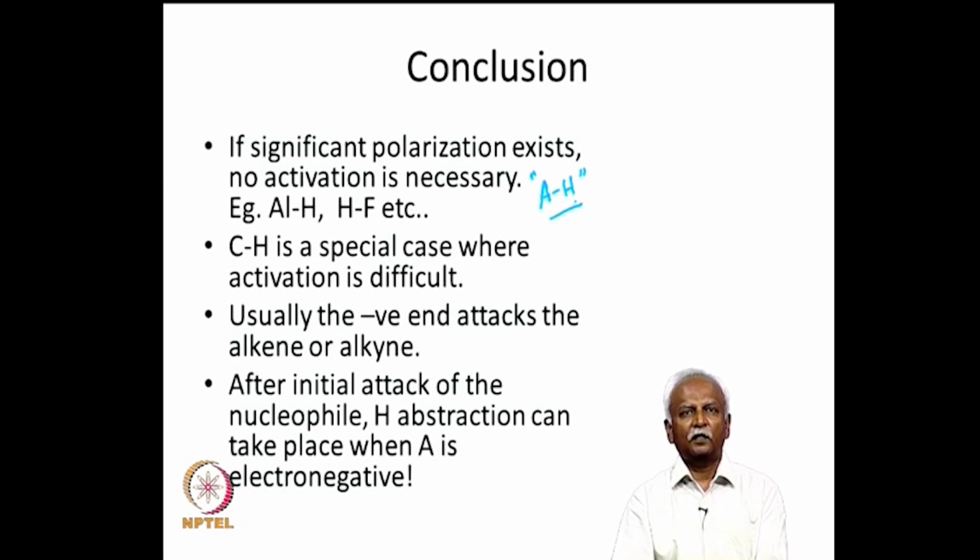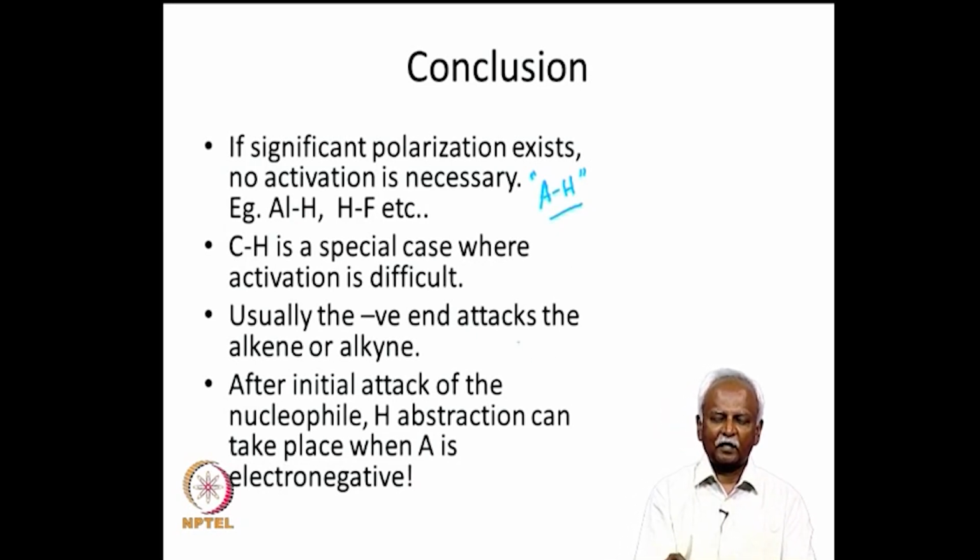C-H is a special case where activation is even more difficult. We will discuss this later. Usually, it is the negative end of this species AH that carries out the attack on the alkene. Although CN seems to be an exception, when you have HCN, the cyanide is obviously the negative end of this molecule, but still it was hydrogen which carried out the attack on the alkene.